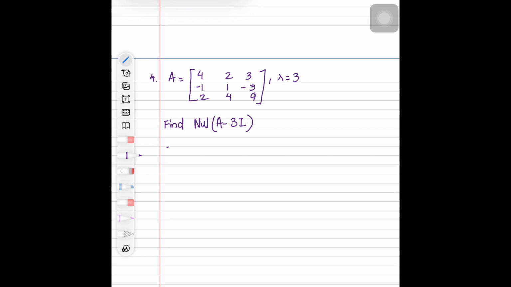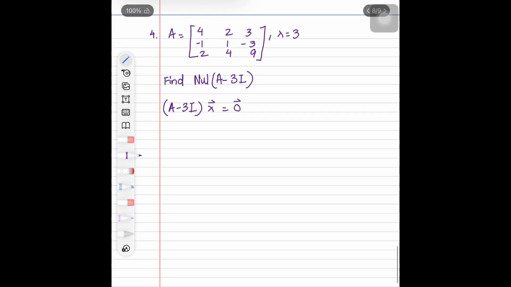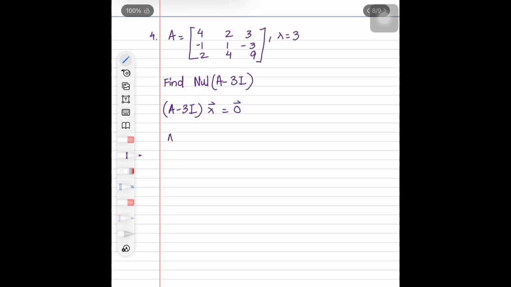So to find the null space, we do A minus lambda I times the x vector equals the 0 vector. So A minus 3I would just be 4 minus 3. So let's not skip any steps. Let's do A minus 3I.